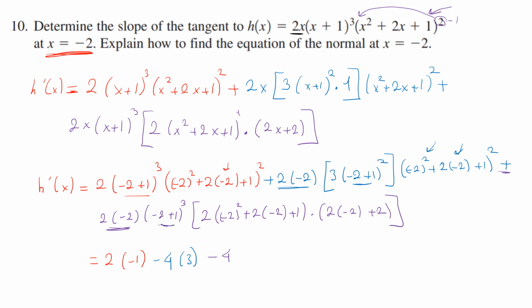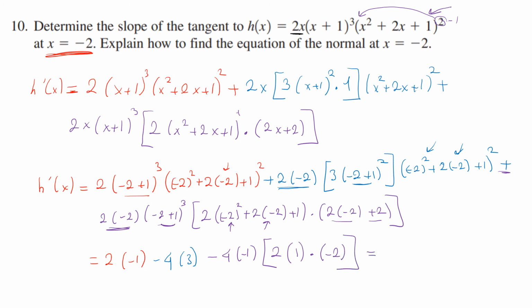Over here -1 to the power of 3, so I have -1 times -1. For the brackets, I'm just going to write 2, and then inside it's positive 4, -4, it's gone, and then 1, so I'll write the 1 just in case, times -4 plus 2, which is just going to be -2.